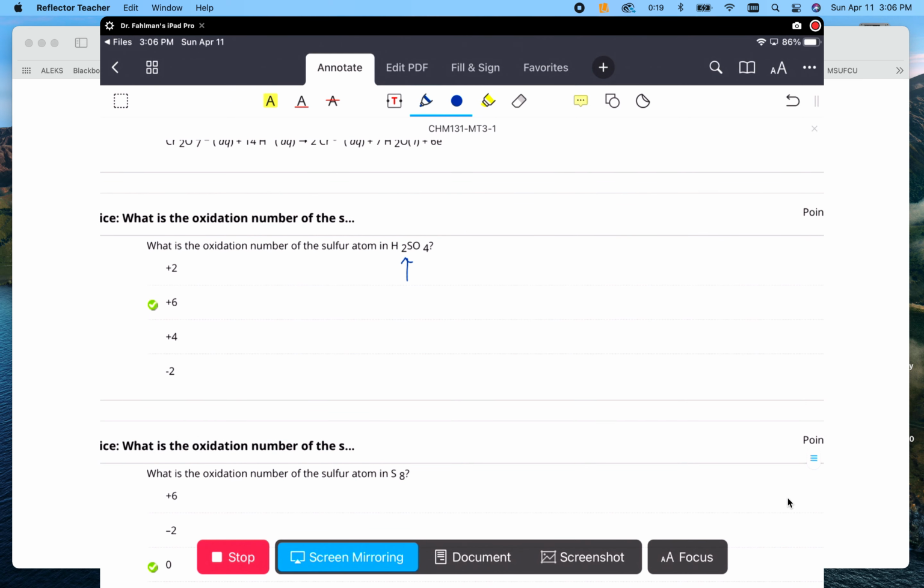Oxidation number for sulfur. So this whole thing has to equal 0 because it's neutral. And so again, you can do kind of your little math. So we have each hydrogen is 1, and so there's 2 of them, plus X, we don't know what sulfur is, plus 4 times a -2. That all equals 0.